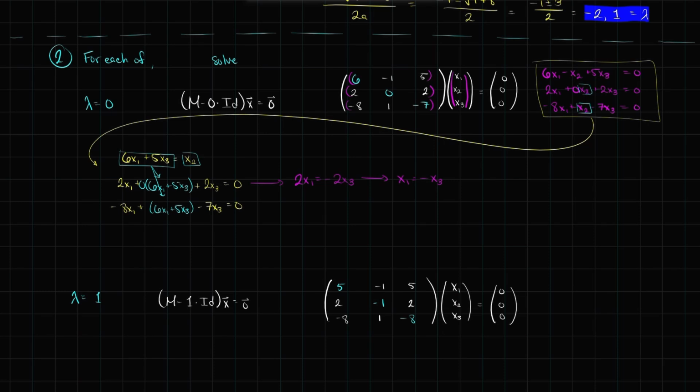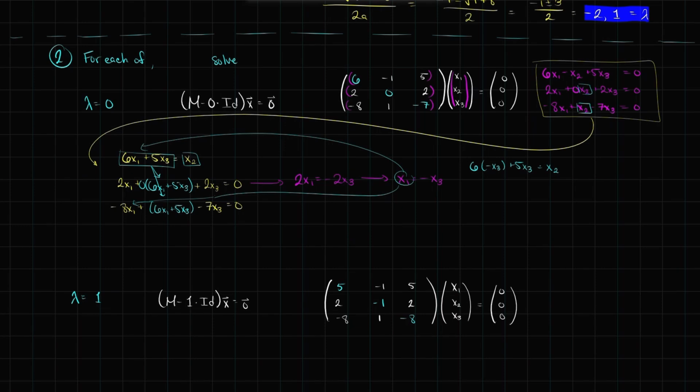And knowing that, I can replace that value for x1 into the first equation, or the third equation, as well as the first equation. And I end up with, in the first equation, 6 times negative x3 plus 5x3 is x2.